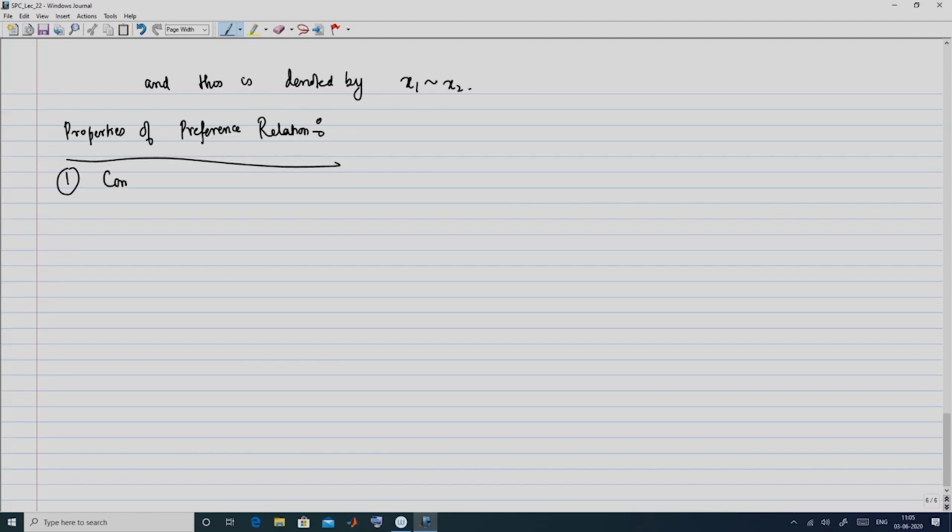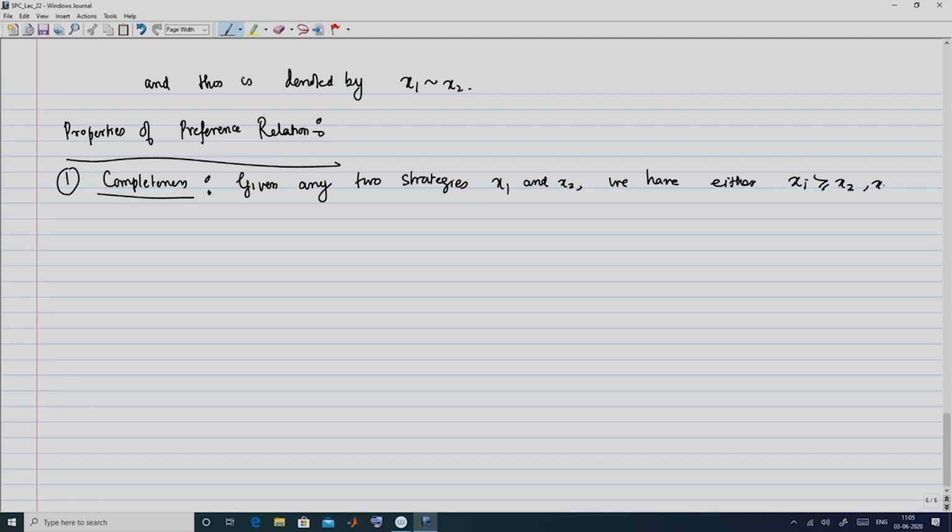The first property is completeness, or some sort of exhaustiveness, and this is stated as: given any 2 strategies x1 and x2, there are only 3 possibilities: x1 is at least preferred to x2, or x2 is at least preferred to x1, or possibly both.